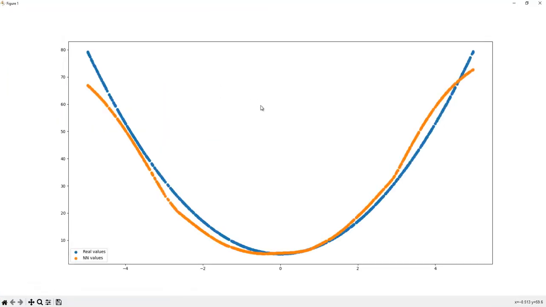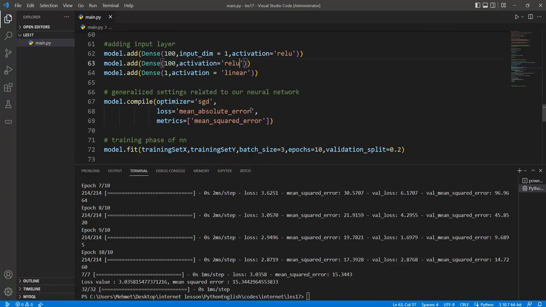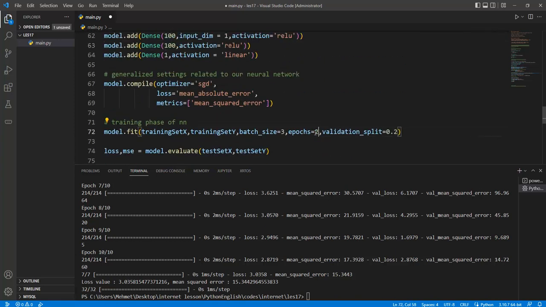This is not good enough, like this one. If we have these terms, then we may increase the epoch number.